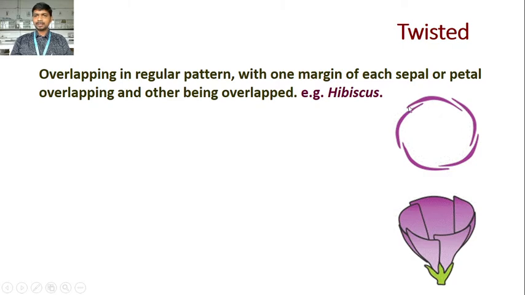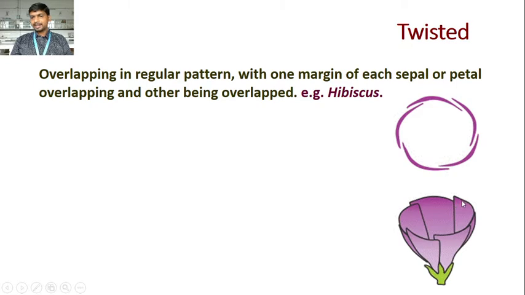This side is on the outer side, this margin is on the inner side. Again outer side, inner side, outer side, inner side. The margins of the sepals or petals are outer and inner, in a continuous, regular fashion. Such type of estivation is a twisted estivation. In this diagram we clearly see this. Here this margin is on the outer side, while its other margin is towards the inner side.